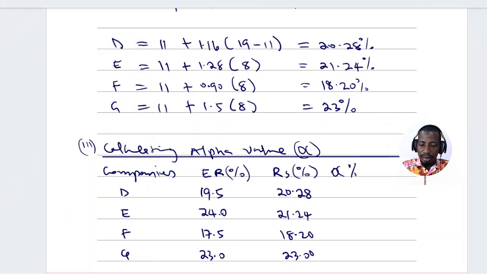Alpha is also in percentage, so minus 0.78.